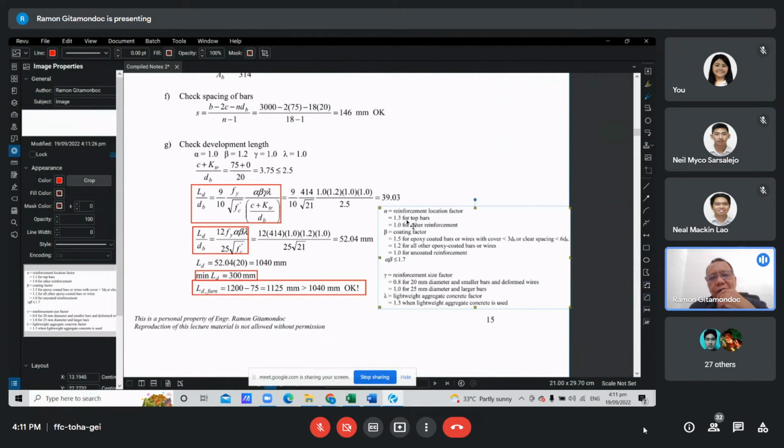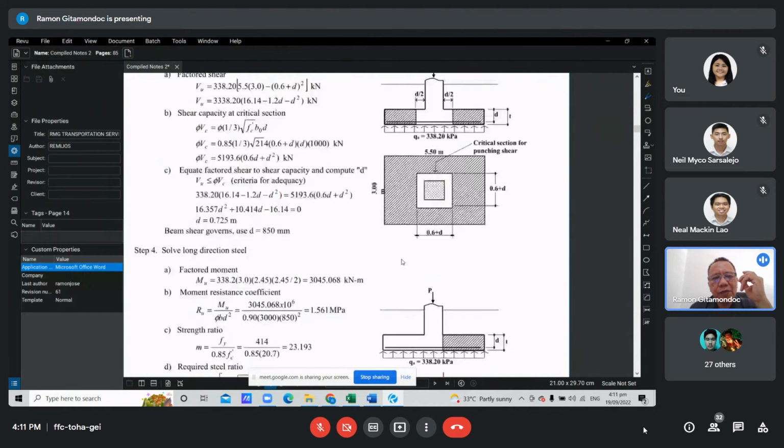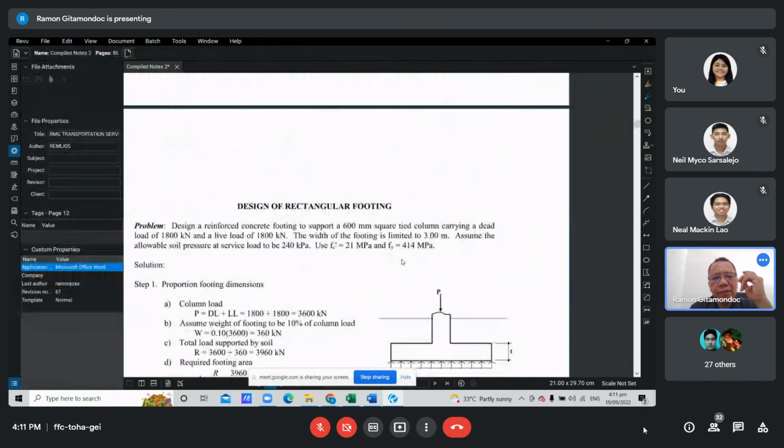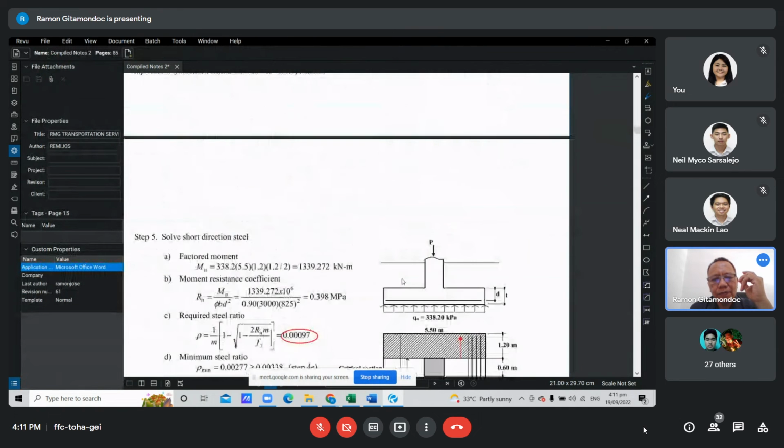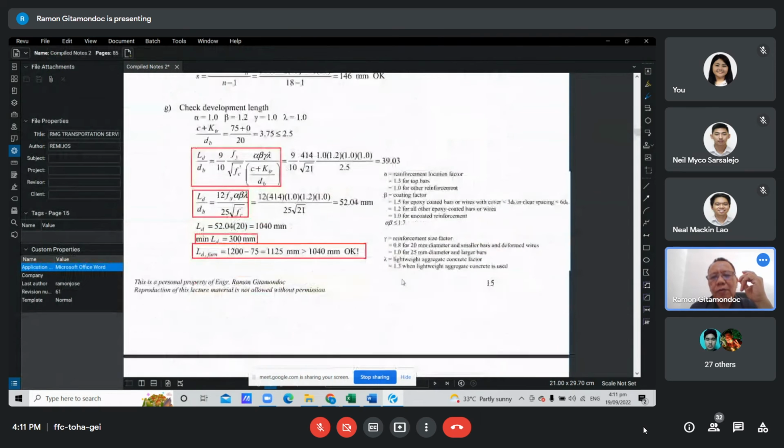Okay, so alpha is the reinforcement location factor. This is not a top bar, and therefore we have 1.0. Then beta is the coating factor. There is no epoxy coating, so 1.0. Does the problem specify that we have epoxy coating? It does not. The 1.2 is used for all other epoxy coated bars. If the reinforcement is uncoated, it should be 1.0.